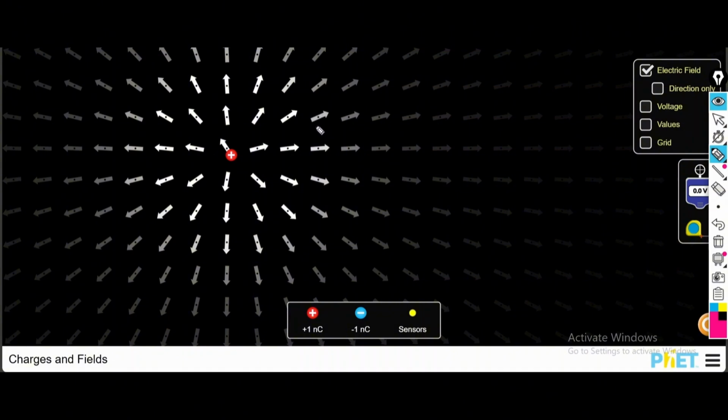These lines are nothing but vectors. Here the head of this vector represents the direction of the electric field line, and the tail of this vector represents the magnitude of the electric field line.